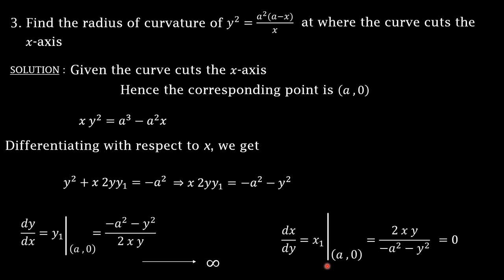So what happens? The dx by dy, just taking the reciprocal of dy by dx, is equal to 2xy divided by minus a square minus y square. Just substitute the value of x to be equal to a and the value of y to be equal to 0, so that dx by dy will be equal to 0.